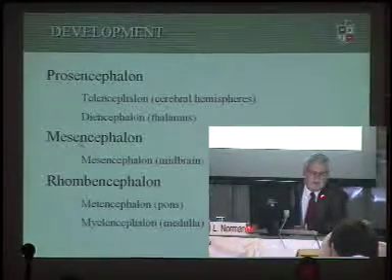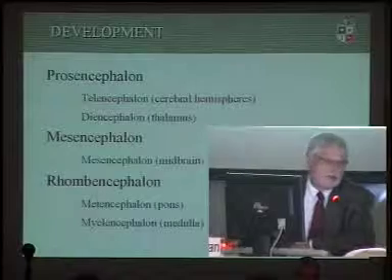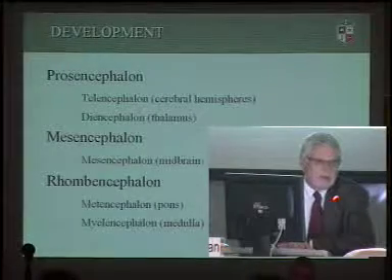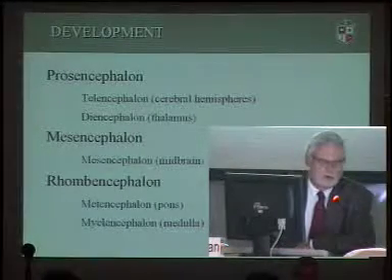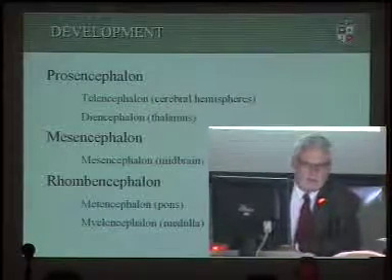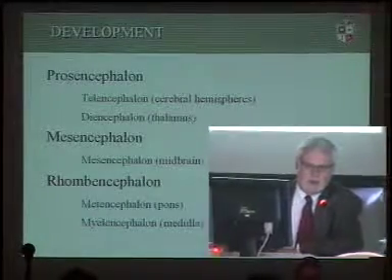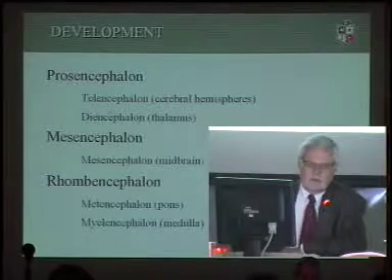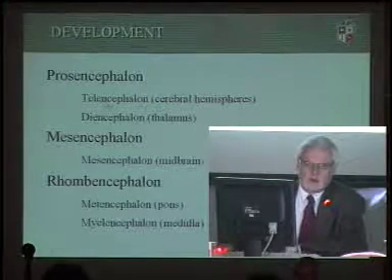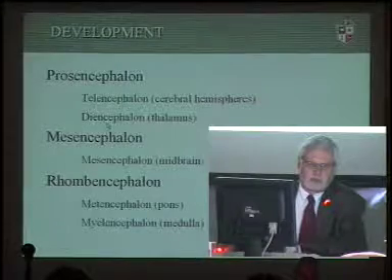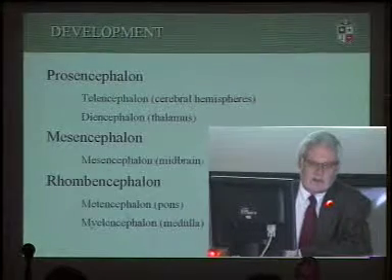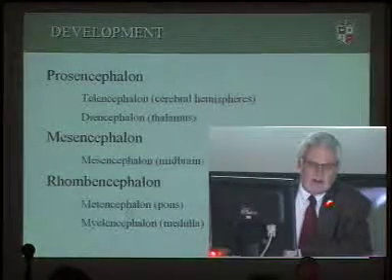The prosencephalon, mesencephalon, and rhombencephalon, well, the earliest stages after you have the neural tube, you have a 3-vesicle stage, and that develops into a 5-vesicle stage with the embryologic terminology: telencephalon, diencephalon, mesencephalon, metencephalon, and myelencephalon.